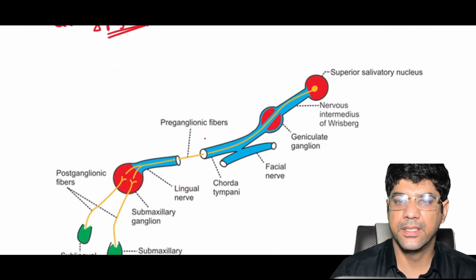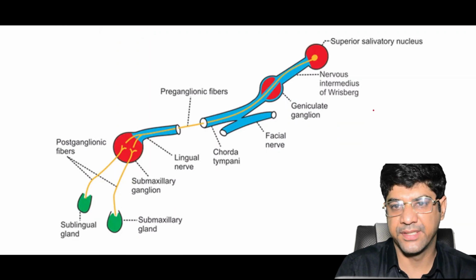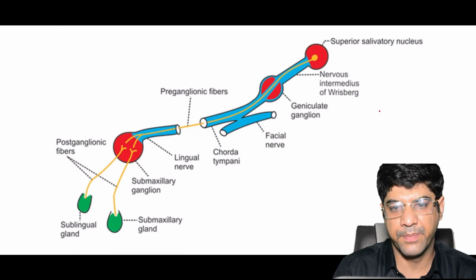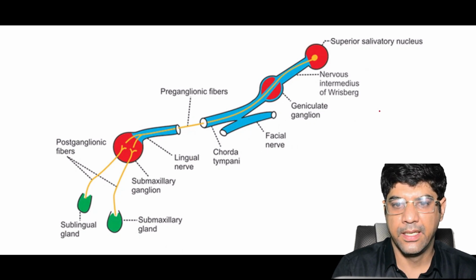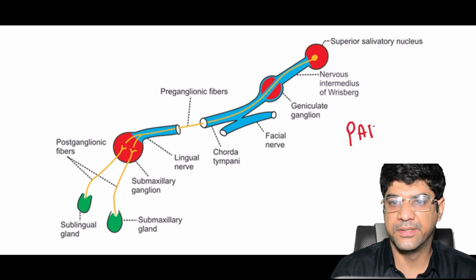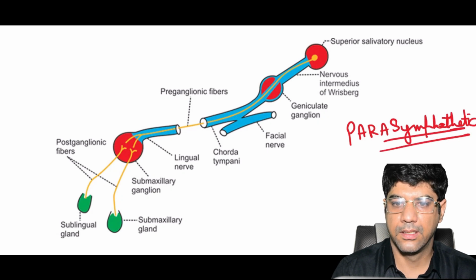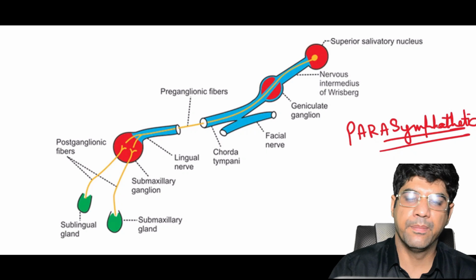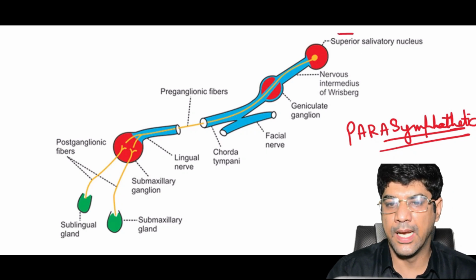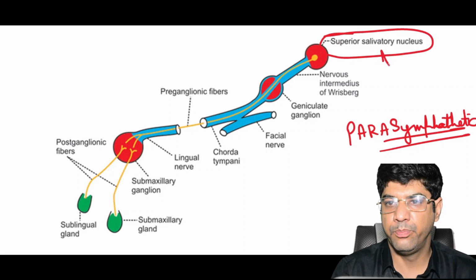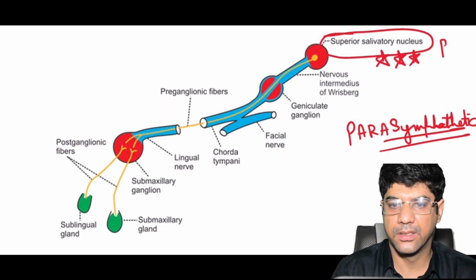Now let us discuss the parasympathetic and sympathetic nervous system. The salivary glands are supplied by the parasympathetic and sympathetic divisions of the autonomic nervous system. The first we are going to discuss is parasympathetic. The parasympathetic fibers to the submandibular and sublingual glands originate from the superior salivatory nucleus in the pons.